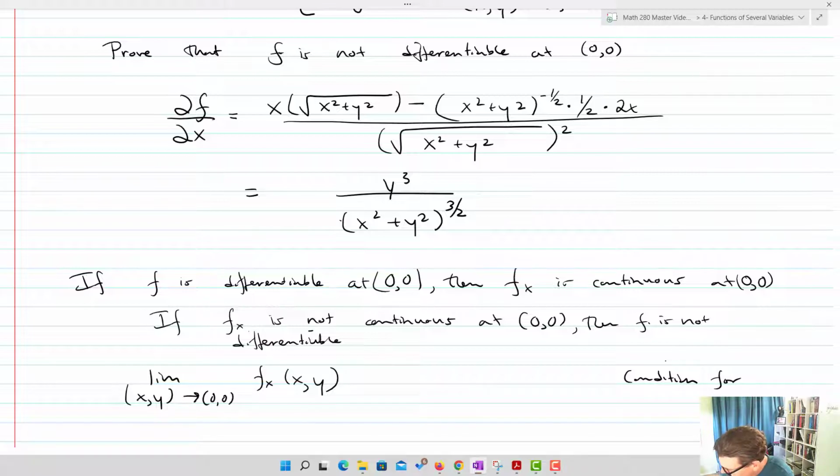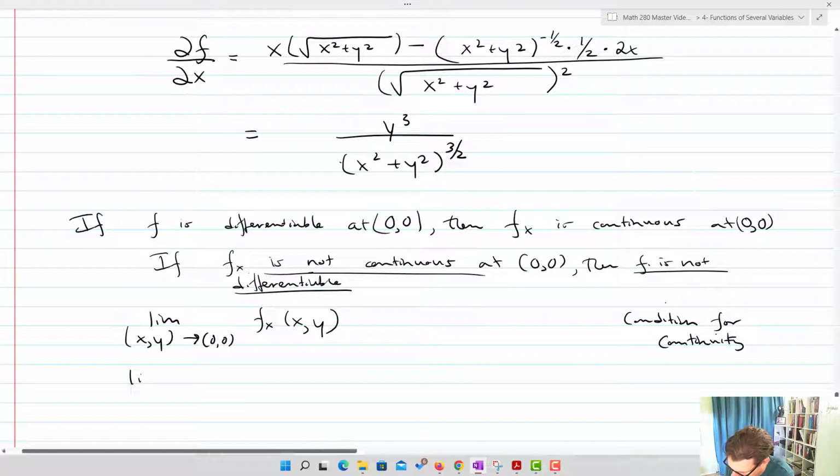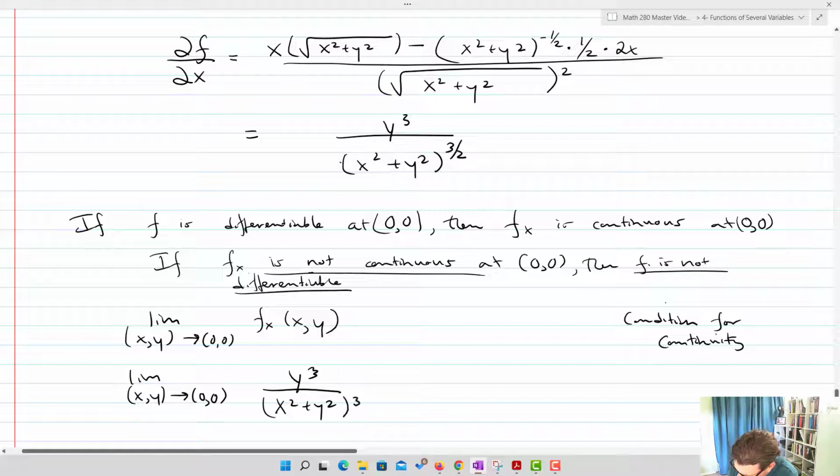If it doesn't hold, if that limit does not exist, then we have a non-continuous function, and if it's not continuous, then f is not differentiable. So we go in here and we see this is the limit as (x,y) approaches (0,0) of y cubed over x squared plus y squared to the 3/2.